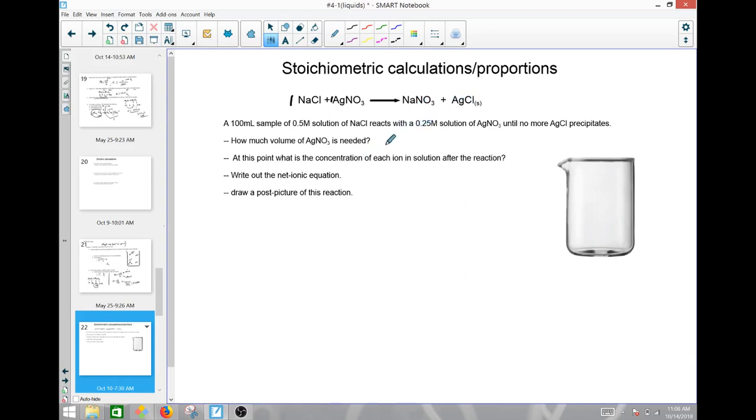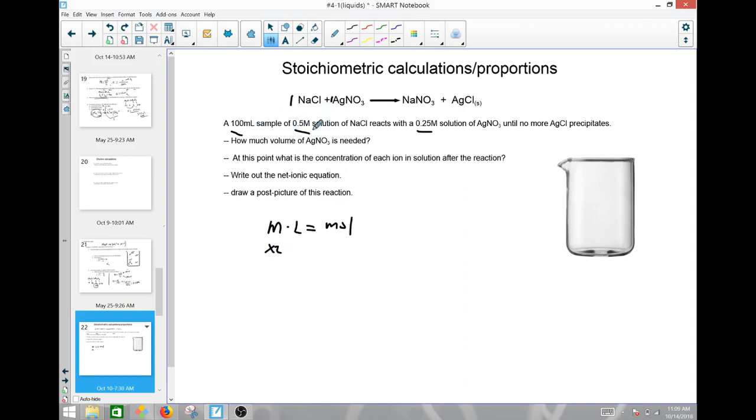A few things also I noticed. One, I have 0.5 molar of NaCl and 100 milliliters of NaCl. Then this guy's half as concentrated. So keep in mind, molarity times volume in liters equals moles. That's an important proportion to remember. If I double the volume, I double the moles. And if I double my concentration, I double my moles.